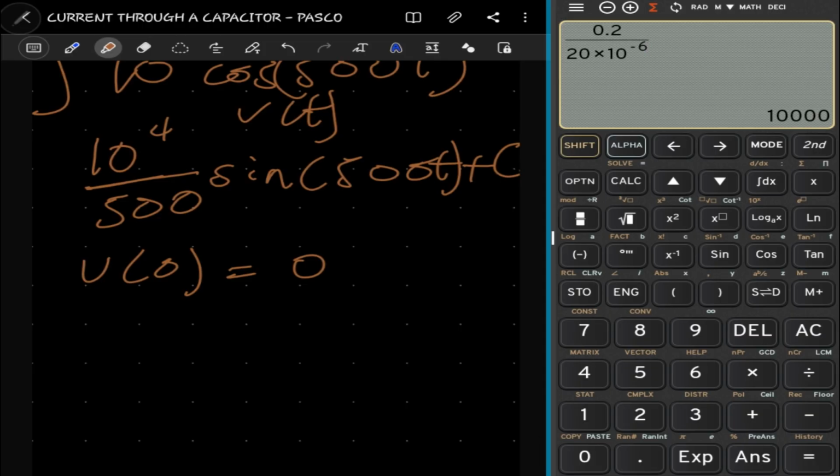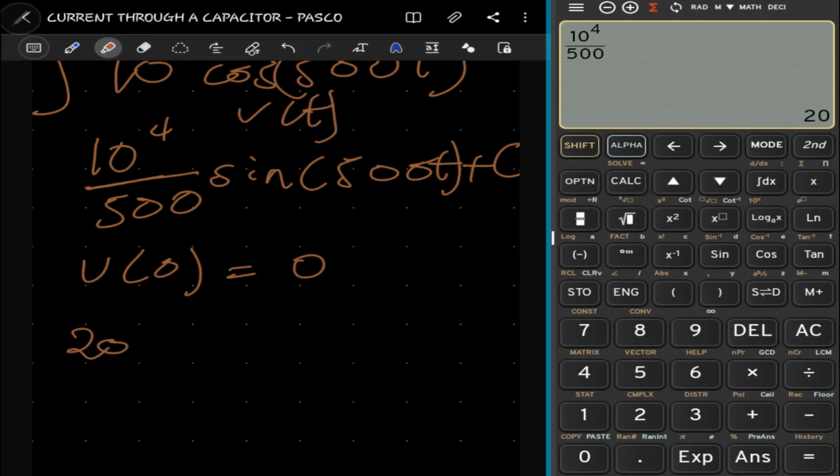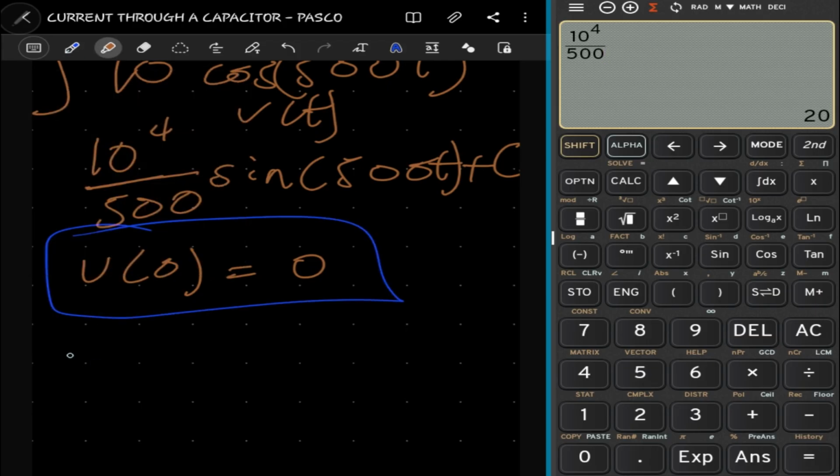So let's see. So that's 10 to the power 4 on 500, right? That gives us 20. So that's 20. It's saying that when we apply this initial condition, it says that 0 is equal to 20 sine 500 times 0, when time is 0, right?